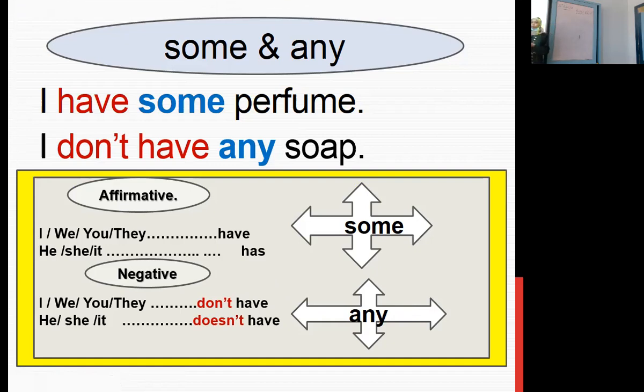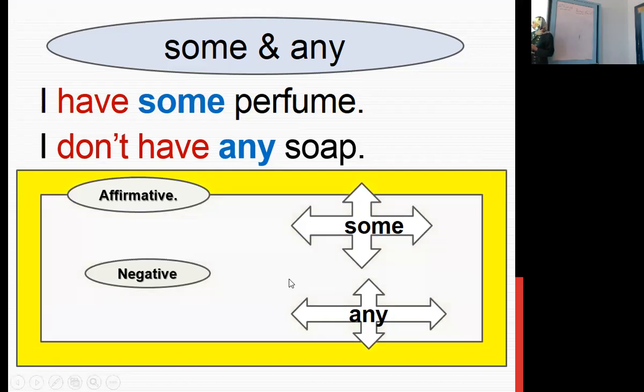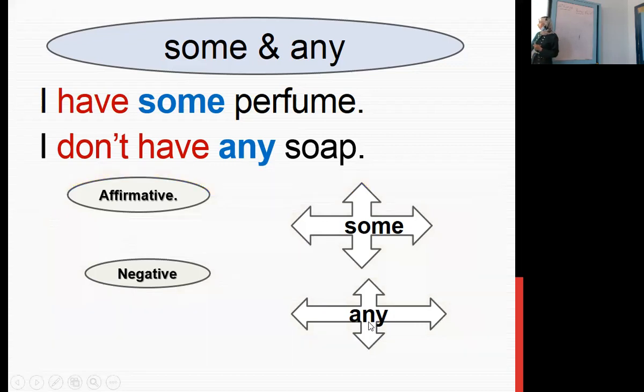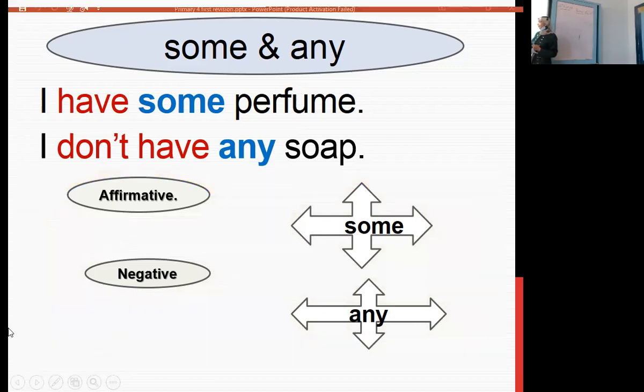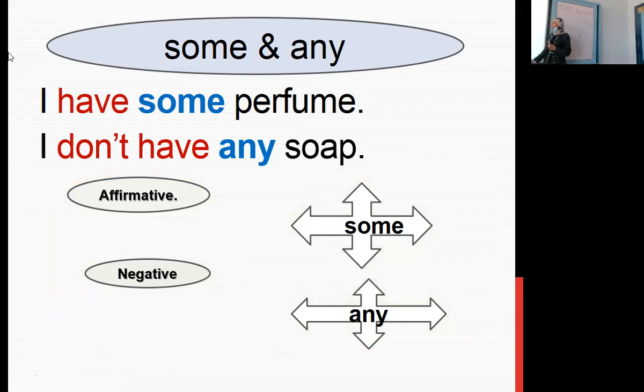So in order to put the sentence in negative, we have to put don't have according to the subject in the sentence. If it's I, we, you, they, we have to add don't before have.